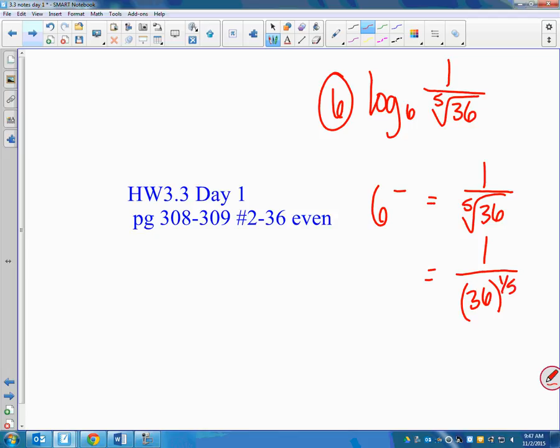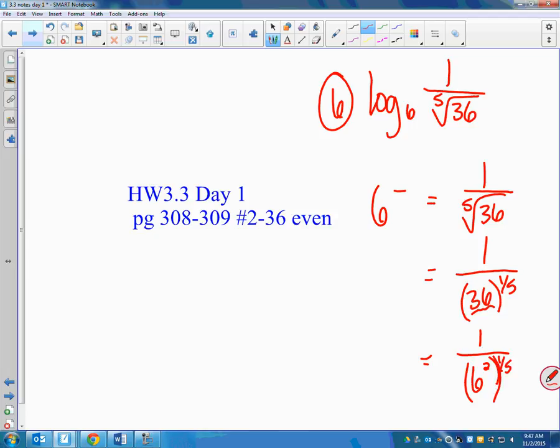Exponents are what we want. So that's a step. What about 36? Can I do something with a 36 to make it a power of 6? So could I write this as 1 over 6 squared to the 1/5? I'm just going to write it like that for a second.